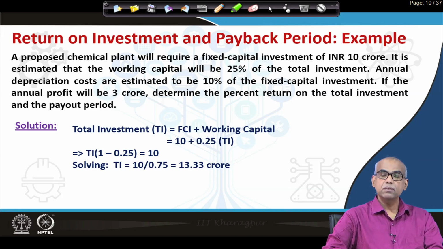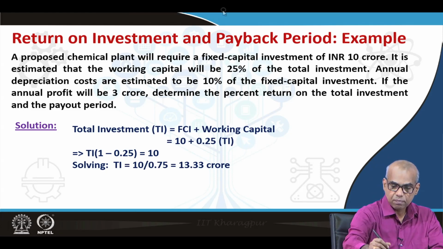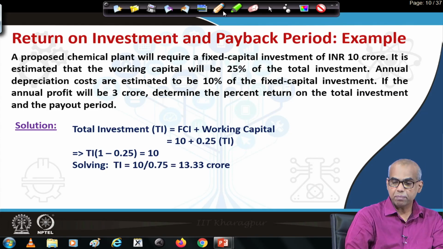What is total investment? Total investment is fixed capital investment plus working capital. Now, if I say total investment as TI, the working capital is 25% of the total investment.